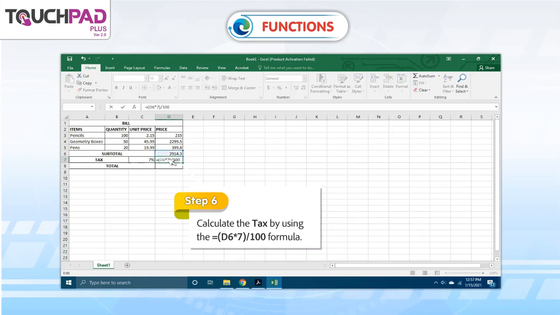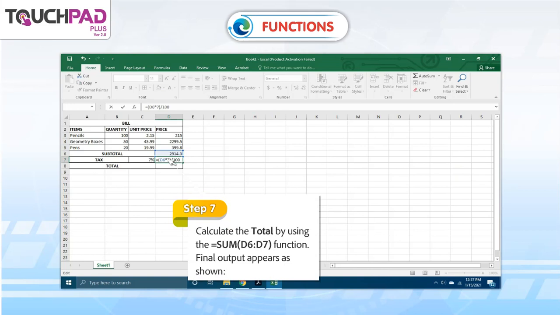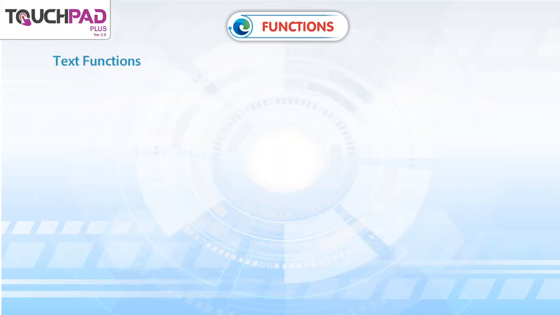Calculate the tax by using the =(D6*7)/100 formula. Step 7. Calculate the total by using the =SUM(D6:D7) function. Final output appears.